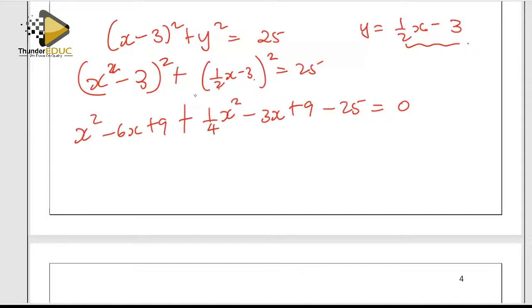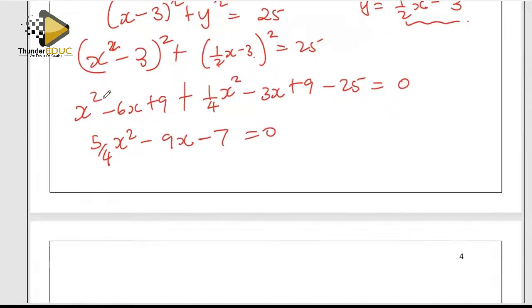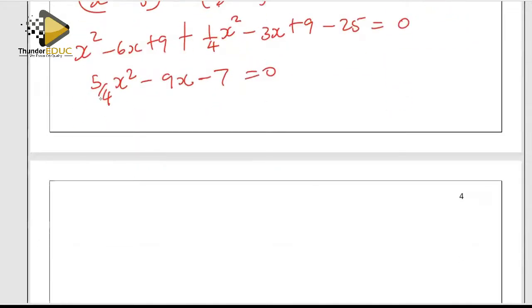So this becomes 5 over 4 x squared. This and that is minus 9x. This and that is 18. What's 18 minus 25? That gives me negative 7 is equal to 0. Let's multiply through by 4, which means it's 5x squared minus 36x minus 28 is 0.